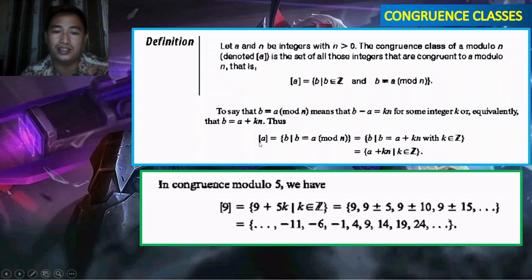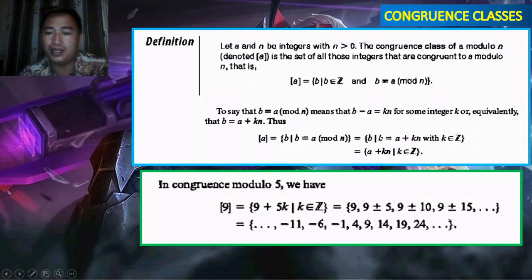So this is the set containing A. The equivalence class of A is equal to the set containing B such that B is congruent to A mod N. We can shorten this, since B is automatically an element of Z; they are integers. And B is equal to A plus NK.